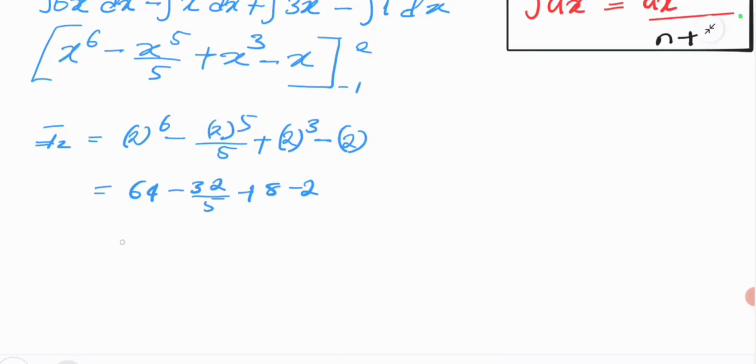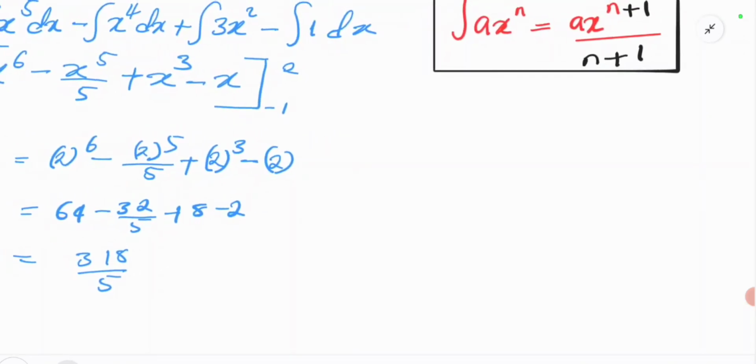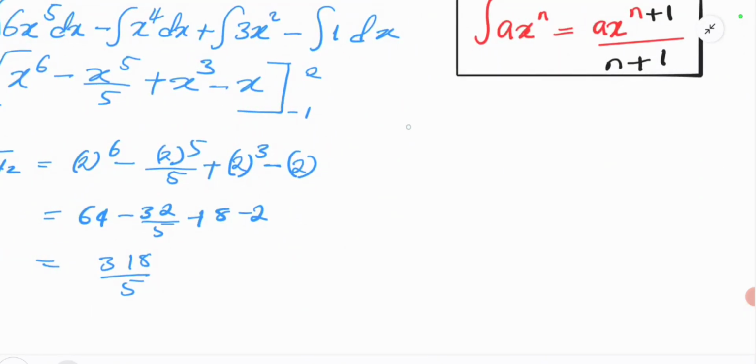Simplifying this further, if we punch this in our calculator, we're going to find that our answer is 318 over 5. So using a calculator, you can quickly work out our solution to be 318 over 5.